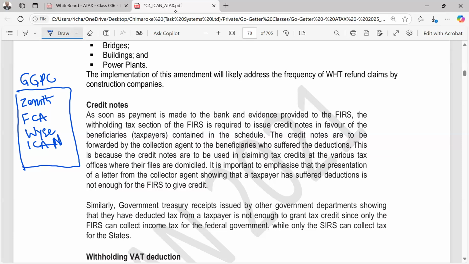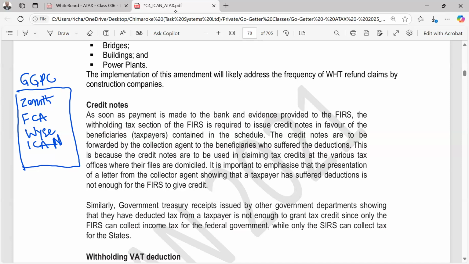These are the people that I deduct their withholding tax, and they are sufferers of withholding tax. Now, as I pay the withholding tax to the FIRS, let's assume all these are companies. The FIRS will issue a withholding tax credit note, so it will have 1, 2, 3, 4. They will have 4 withholding tax credit notes because I have 4 names here that will carry the names of all these people.